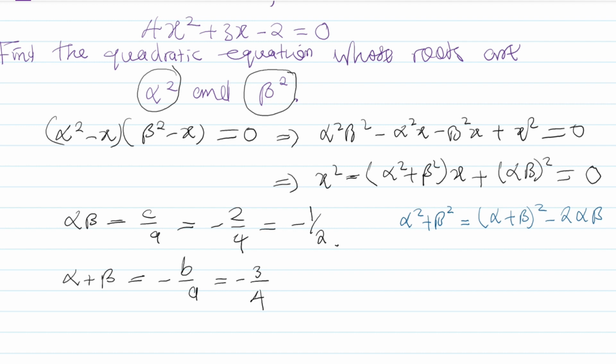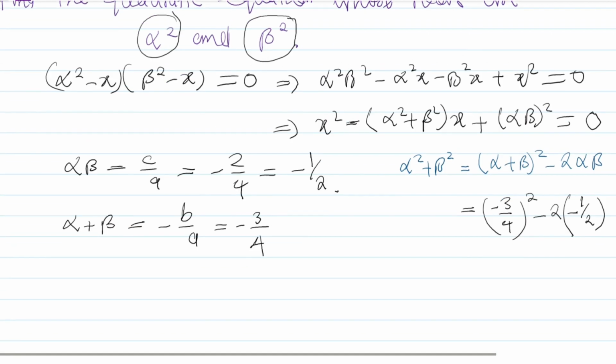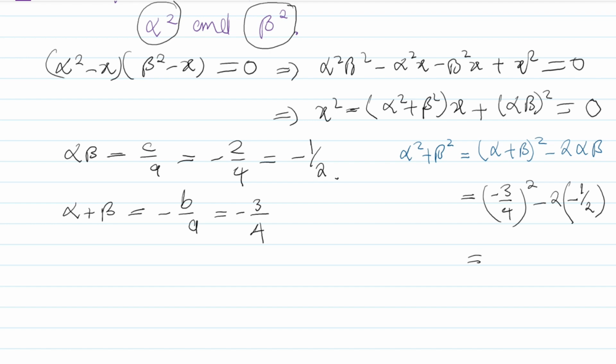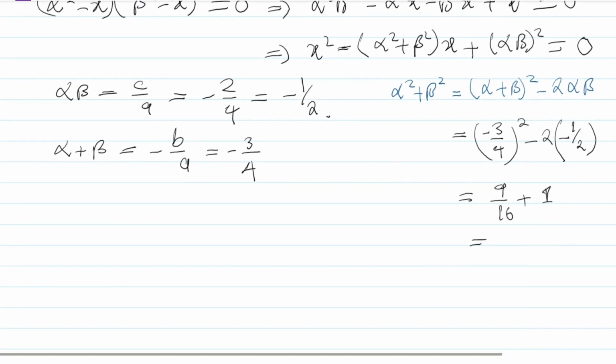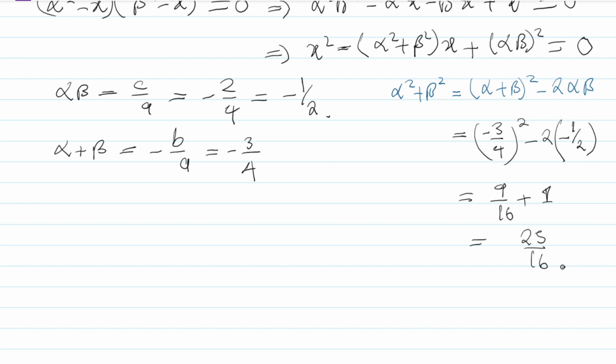So this is (negative 3 over 4) squared minus 2 times alpha beta. Alpha beta is negative 1 over 2. So this is 9 over 16 plus 1. If you simplify this, you get 25 over 16.